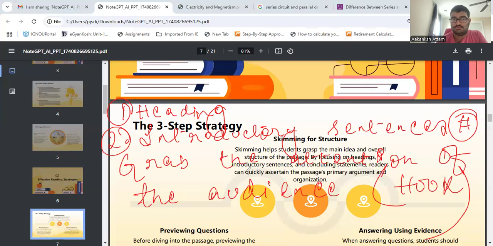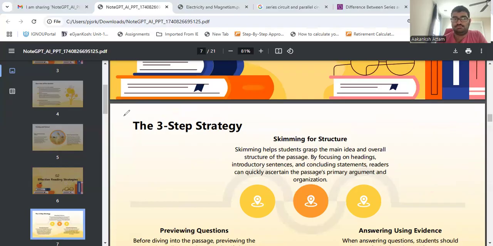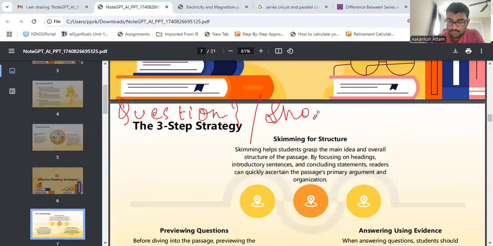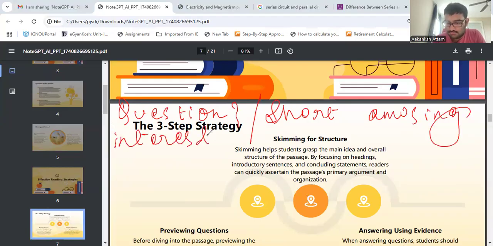Now, in the hook, especially in introductory sentences, you are going to encounter a question, short, amusing, interesting stories, or facts.